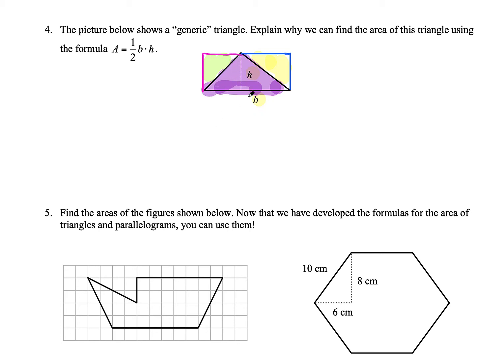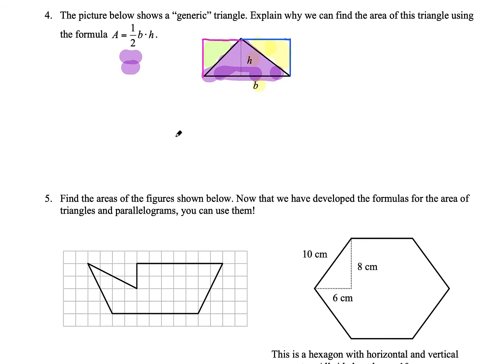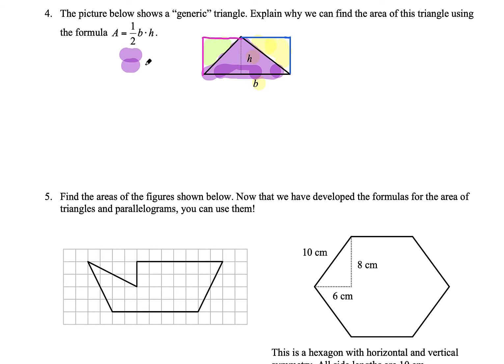So basically what we've done is we've doubled the triangle, found the area of double the triangle, and then taken 1/2 of that.